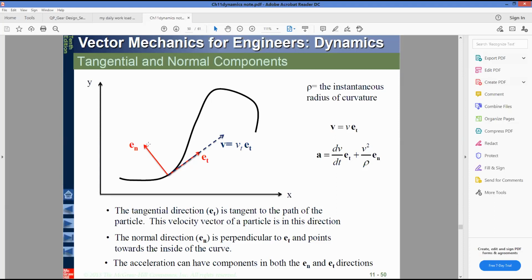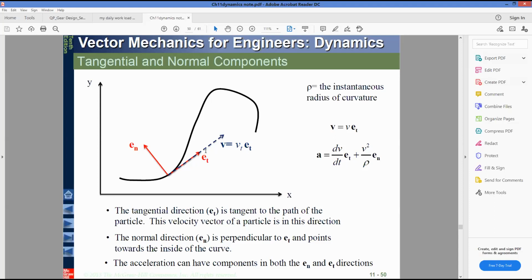Similarly, here, in the direction of the velocity, if we find out the acceleration, that is always the tangential acceleration term. Here you can see in this figure that tangential velocity is v, and the derivative of that is the tangential acceleration, and it is a e_t. Okay, e_n indicates the normal direction, e_t indicates the tangential direction.